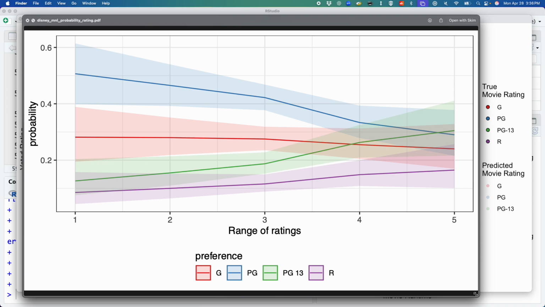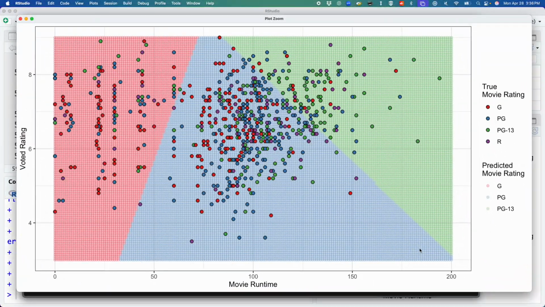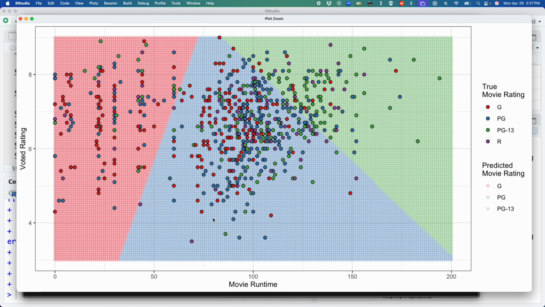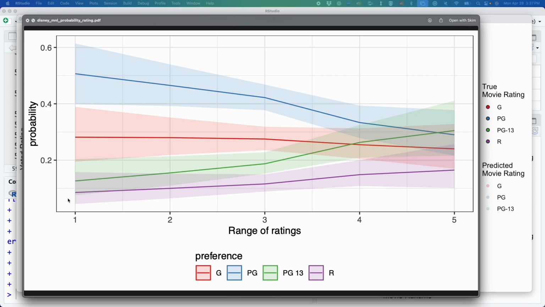And on the average one, at the average runtime, which might probably be kind of in the middle here, right? If the average runtime is like right here, then across all of my ratings, the blue is the most dominant, right? Up until right at the top where the green takes over, which we can see happening right over here, right?